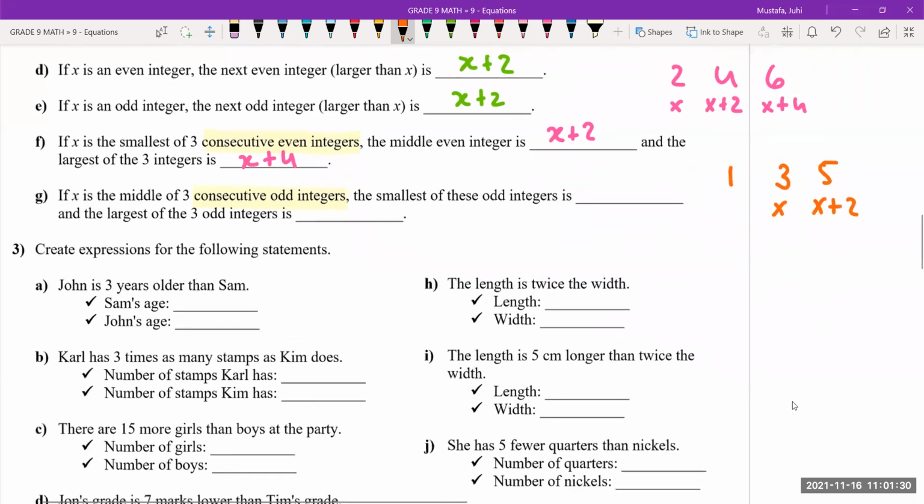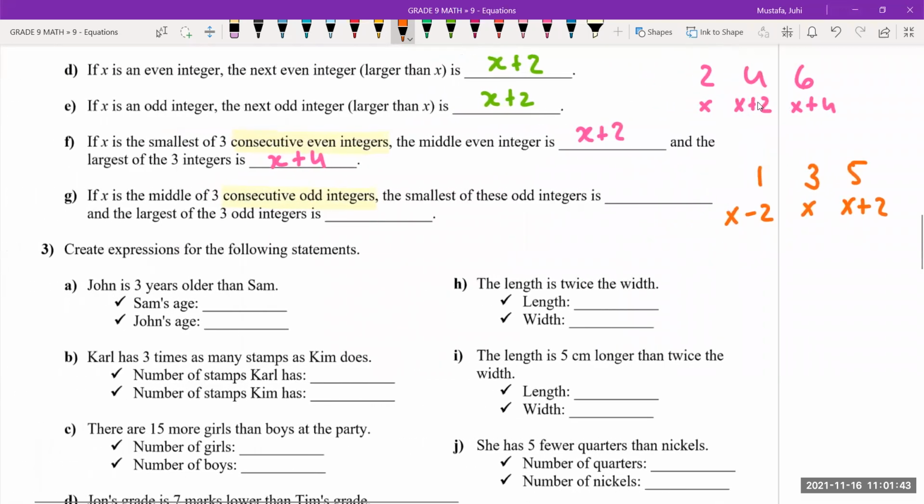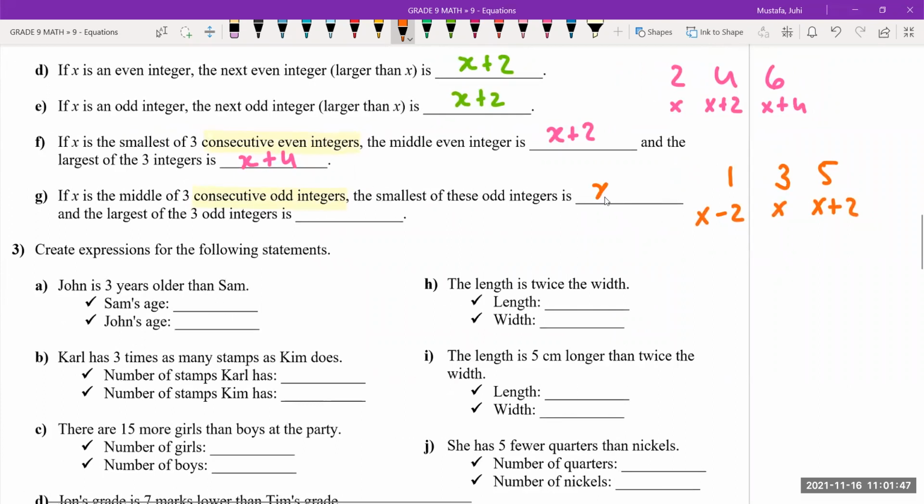Yeah, if the middle number is x, then the bigger one is going to be x plus 2. What is the smaller one going to be? x minus 2. Yes. Okay, so the smallest is going to be x minus 2, and then the largest is going to be x plus 2.